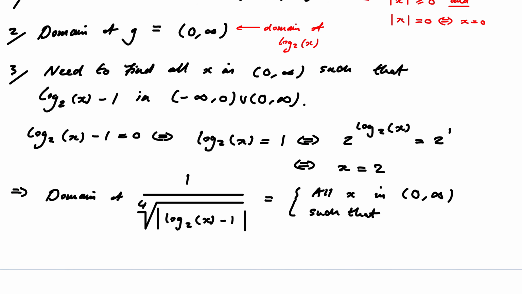We need this to happen, and for that to happen, x can't be equal to 2, because if x is equal to 2, it's 0. So putting all this together, this would be two intervals. Open interval 0 to 2, union, and then we're jumping over 2 to infinity.